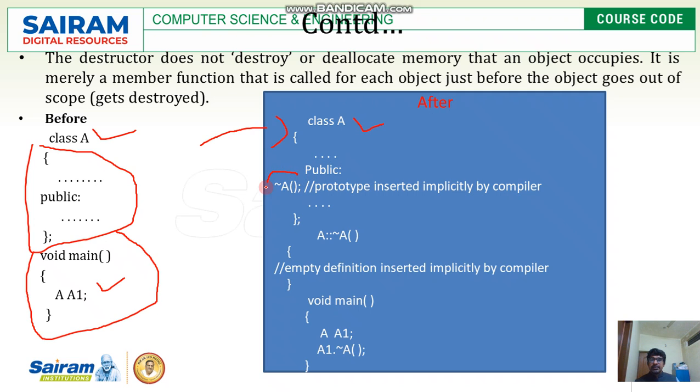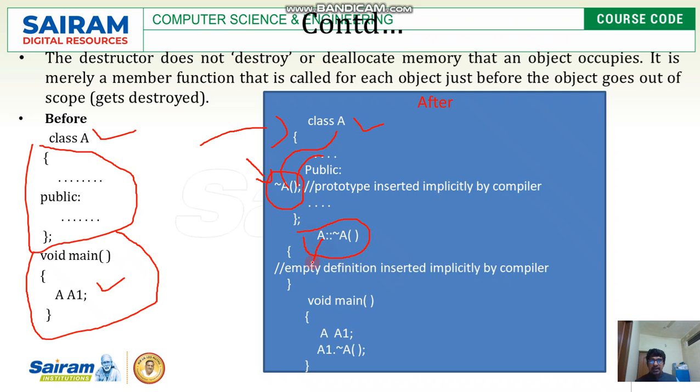You can find a destructor. So how do I identify this? With the tilde operator, and it is a member function, it has the same name as your class name and does not take any parameter. And this is the place where we are going to define this outside the class.